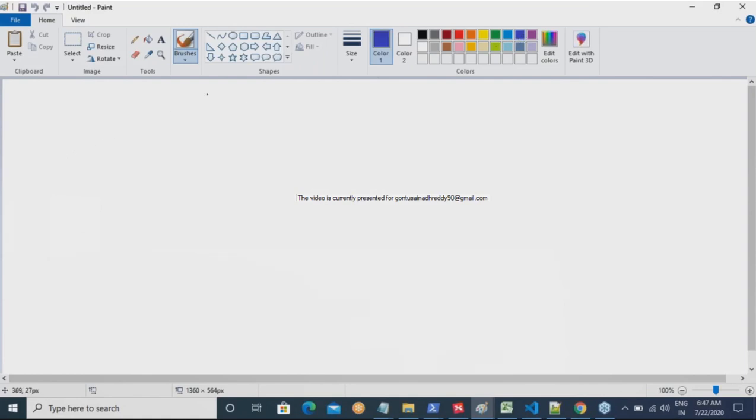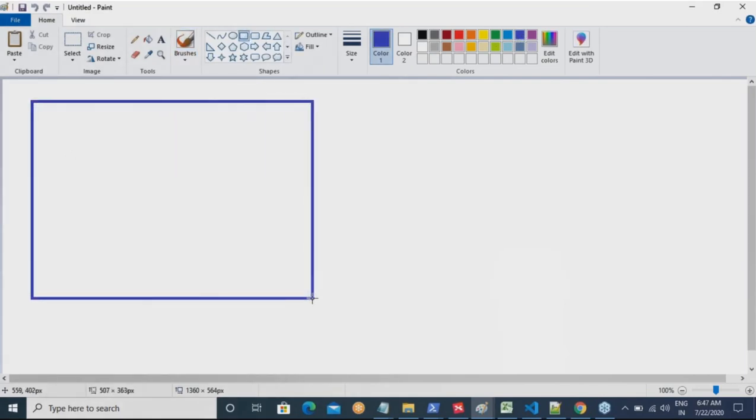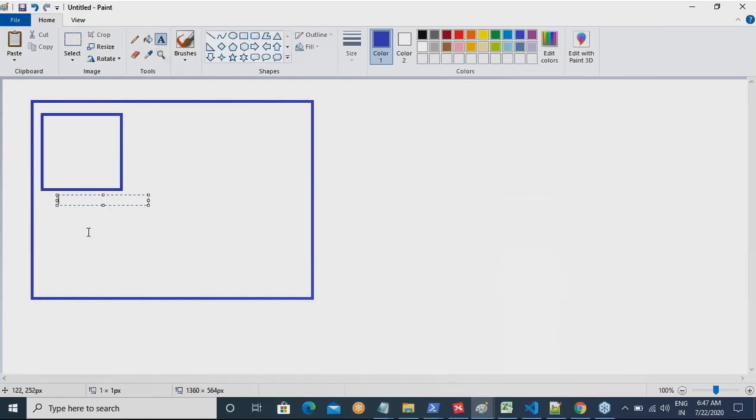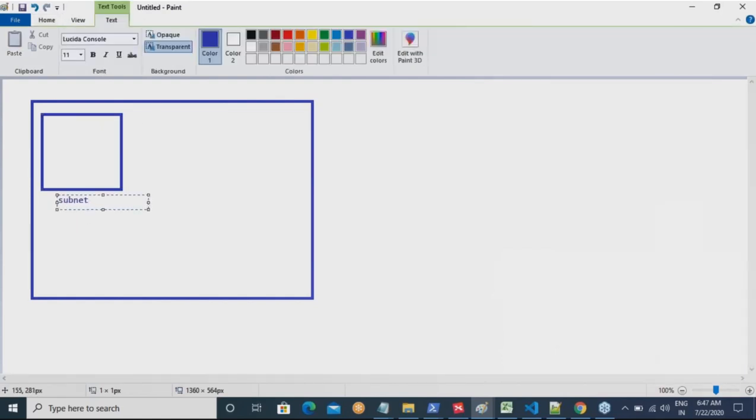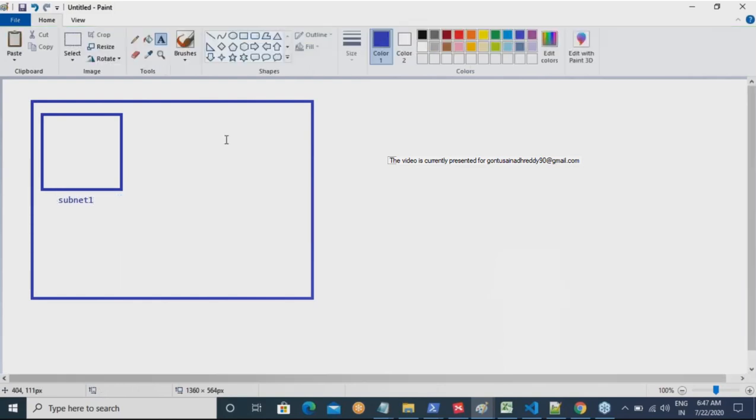So in Azure virtual network, generally we create subnets, right? Subnet one and all of that stuff.